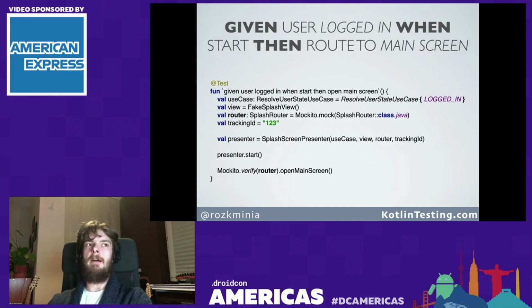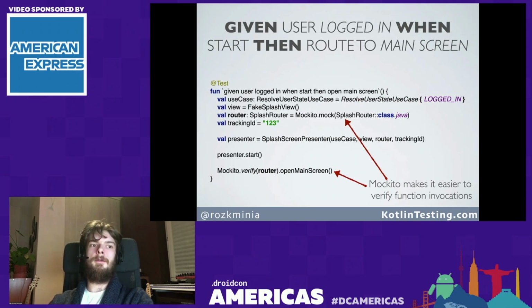Once again, we are stubbing resolve user state use case. We return just value logged in. We start the presenter, and then we verify that open main screen was invoked on the router. Mockito makes it very easy to verify function invocations.